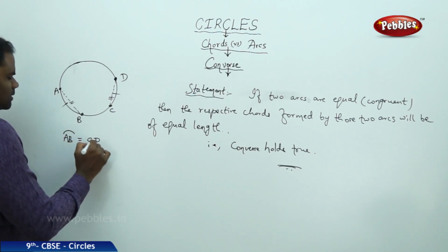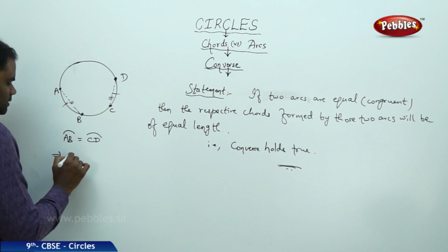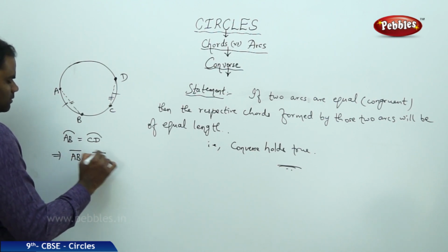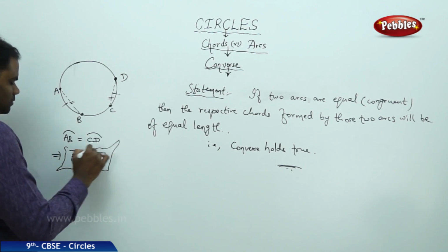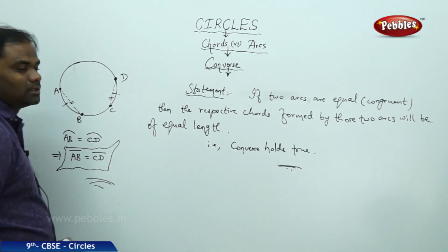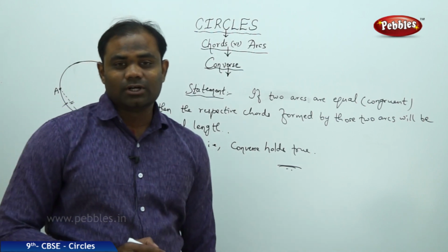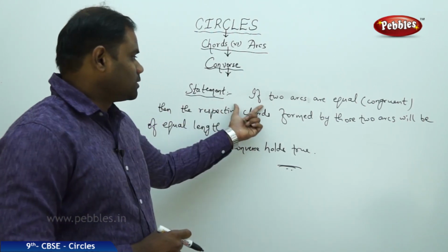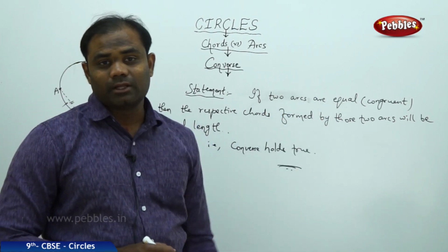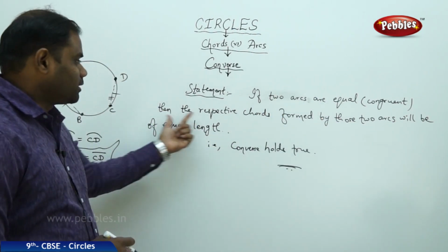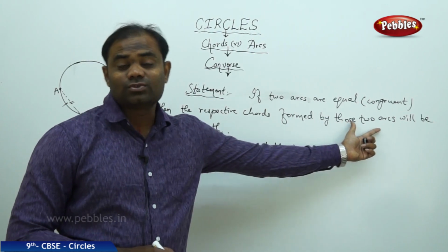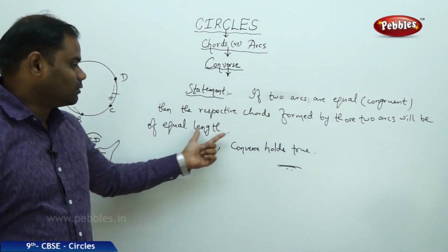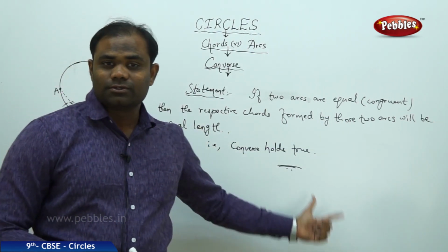Arc AB equals arc CD implies the length of chord AB must be equal to the length of chord CD. The converse holds true for the previous session. Given the statement, if two arcs are equal or congruent, then the respective chords formed by those two arcs will be of equal length.